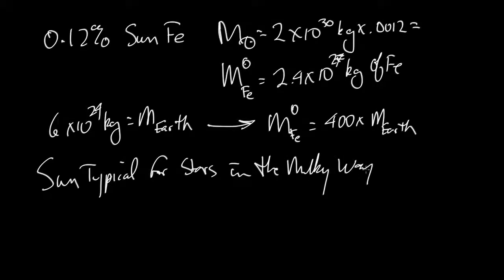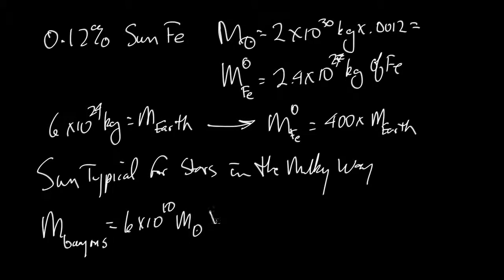So let's consider how much iron we have to create to fill the Milky Way and all the stars that have iron in our galaxy. The mass of baryons of the Milky Way is approximately 6 times 10 to the 10 solar masses.